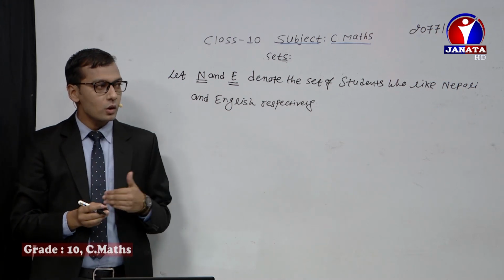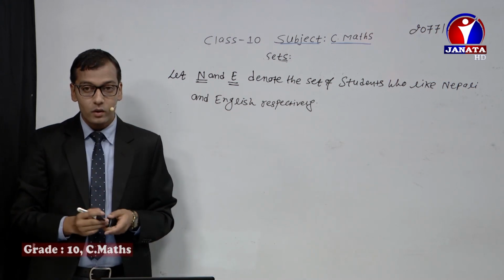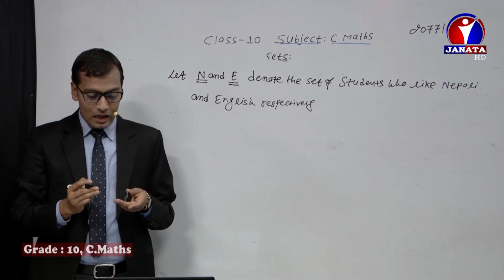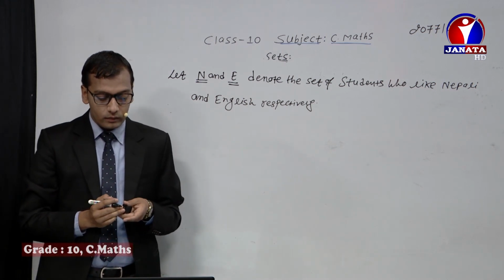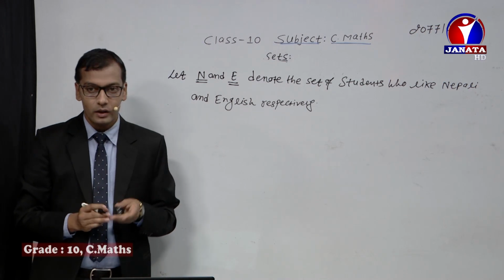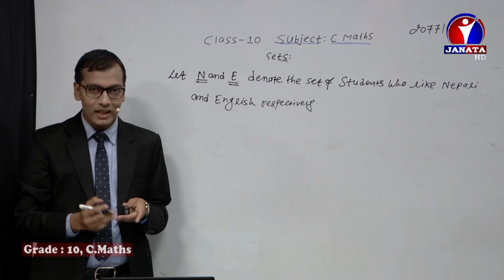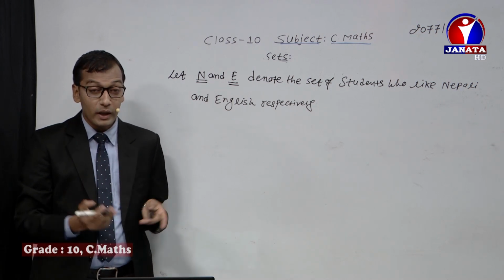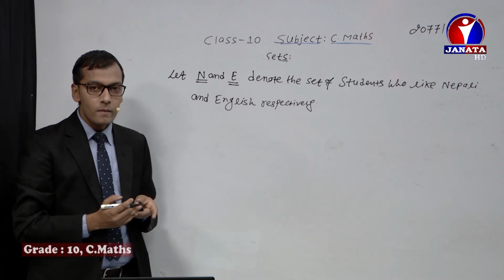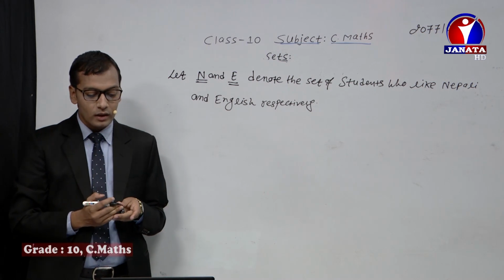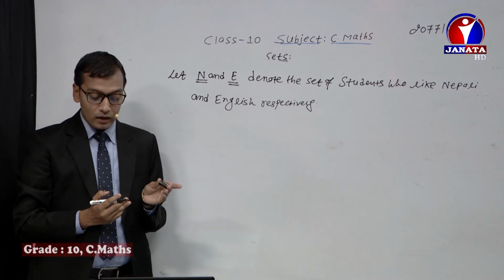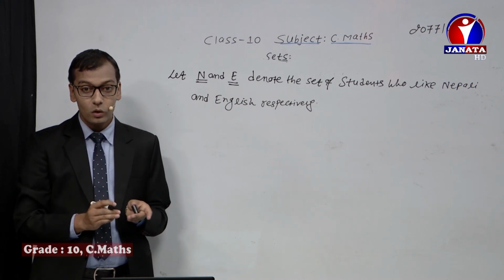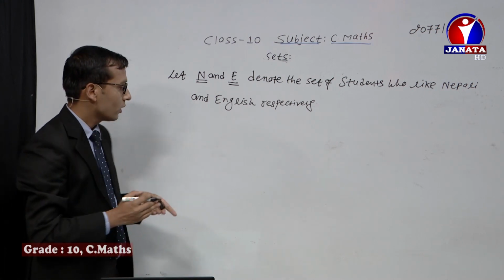So what is the total number of students in the classroom? There are a total of 50 students, and out of 50 students in the class, they like Nepali or English or both. So that is n(U), as there is no complement. If there is no complement, n(U) and n(N union E) are the same, because there is no complement at all in the question.